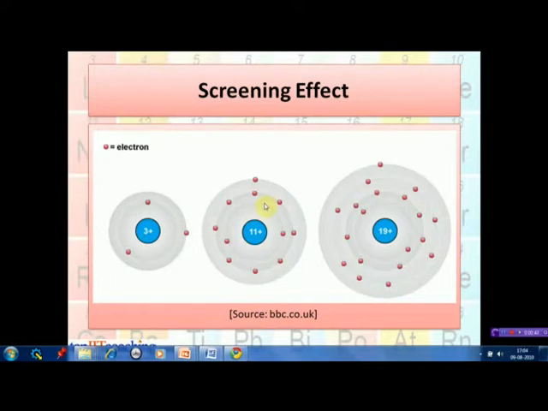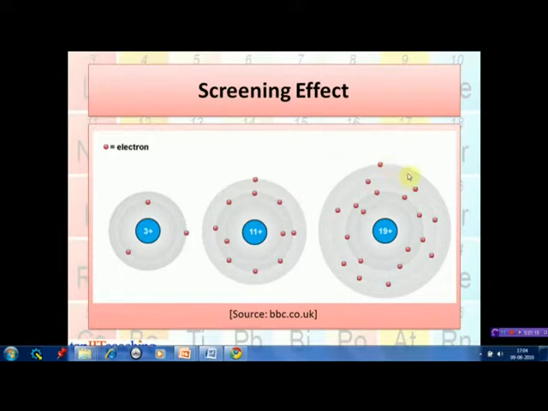This is the presentation of sodium with 11 protons in the nucleus and 11 electrons moving around the nucleus, out of which 2 are 1s, 2s and 2p amount to 8 electrons and 1 is 3s electron. So the 3s electron experiences lesser nuclear attraction than it would have in absence of these inner electrons, because these inner electrons repel this 3s electron, thus decreasing the effect of nucleus on this 3s electron.